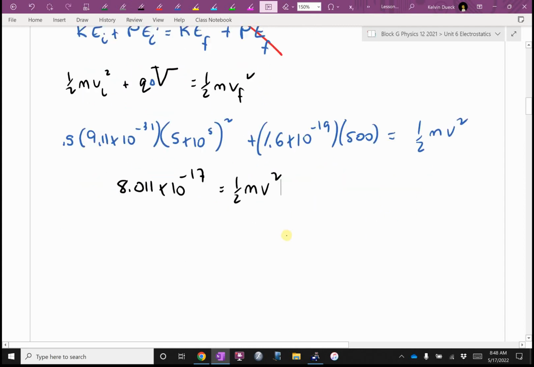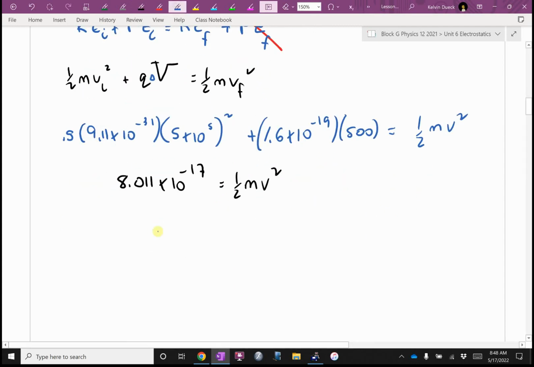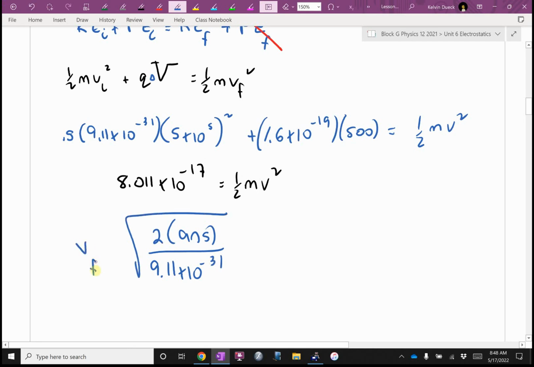And now I'm on familiar territory. I'm going to times by 2, divide by the mass, which was, I think, 9.11 times 10 to the negative 31, square root. That's going to give me the final speed.